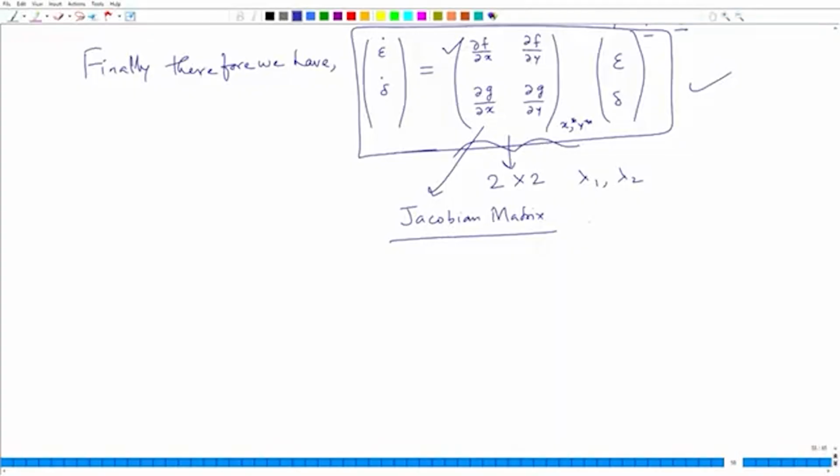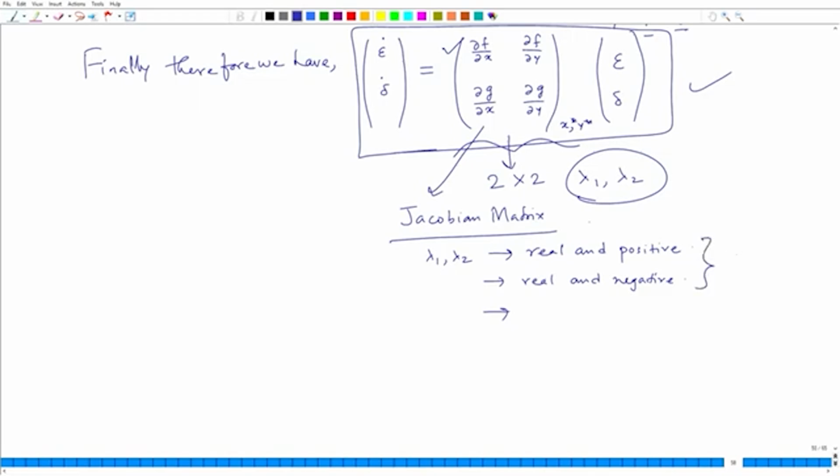So the point is, the Jacobian matrix has two eigenvalues, lambda 1 and lambda 2. They can be real and positive, or real and negative, and there also can be two cases, distinct or degenerate, that means repeating eigenvalues.